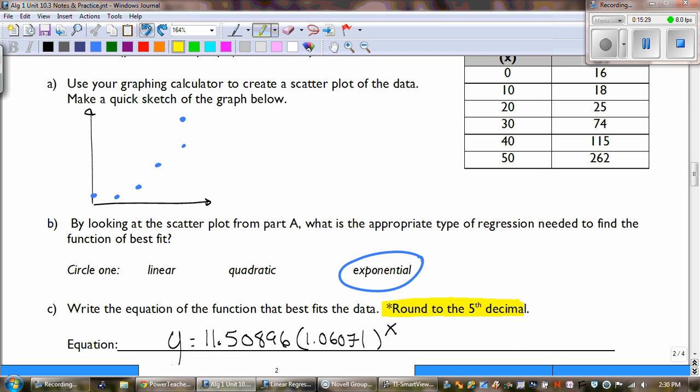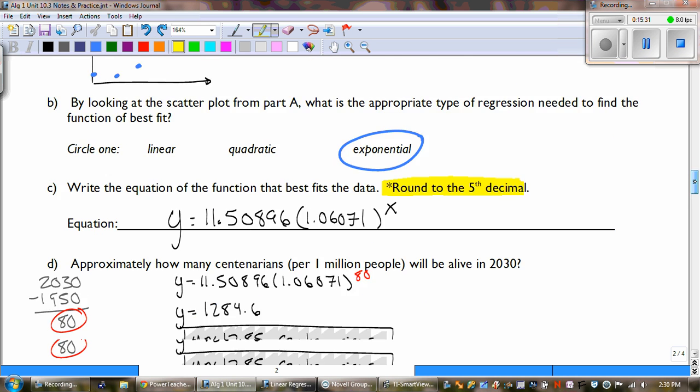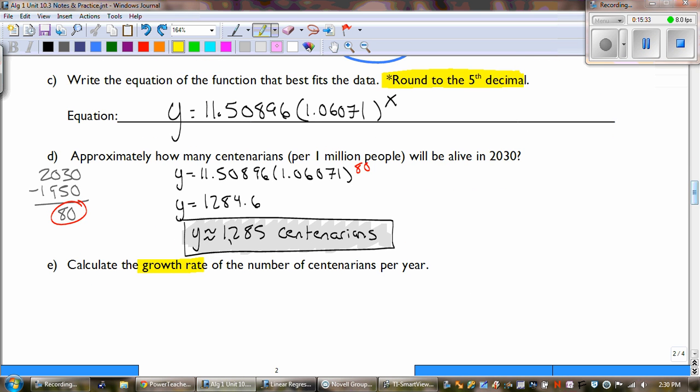When we put it in our calculator, it's growth rate. Second, if that number, the B, is greater than 1, it's growth rate, okay? So since B is greater than 1, we're using the formula B minus 1 times 100.